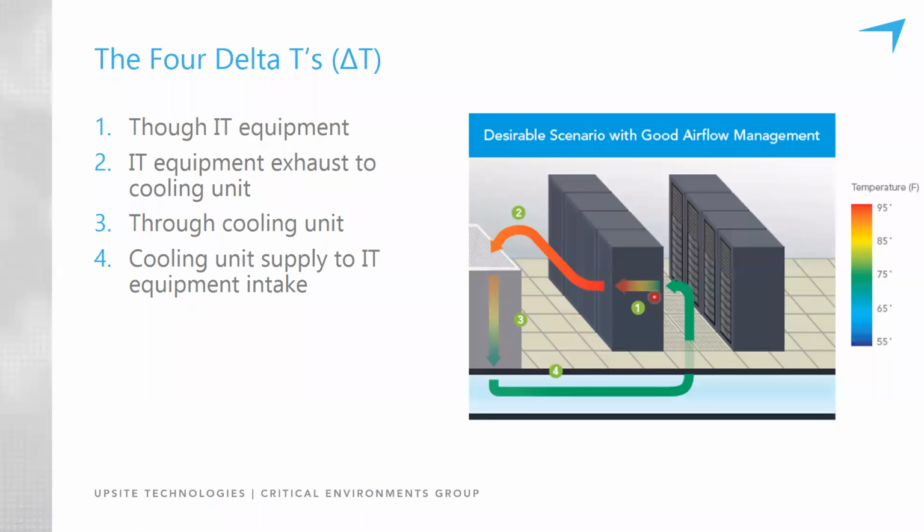You will either hear people say that the delta T in the computer room is the change in temperature through the IT equipment, or you'll hear people talk about the change in temperature through the cooling units. So both of these, of course, are delta T's, and they are the most common, but there's 2 others that are very important to understanding the process of cooling cycle in a computer room.